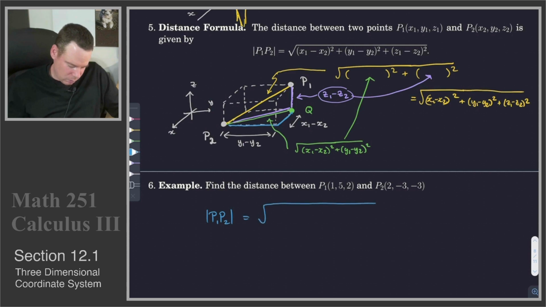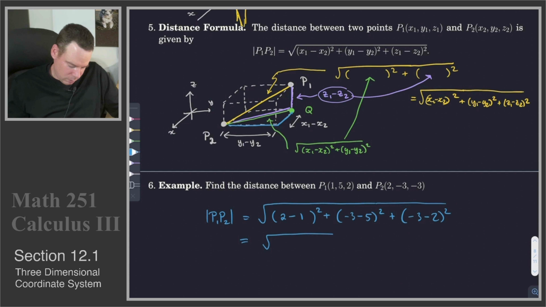And then we just take the square root of the sums of the squares of the differences in their components. So I'll do the P2 components minus the P1 components. So it would be 2 minus 1 squared plus negative 3 minus 5 squared plus negative 3 minus 2 squared.